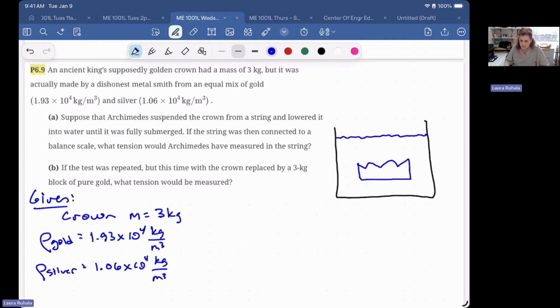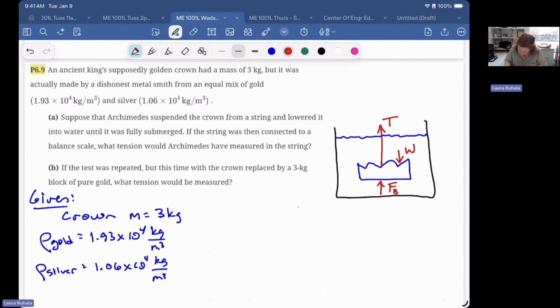Not an artist. Okay, so you have a tension force on the crown. And of course, you have the weight of the crown going down. I would put that at the center. And then you have a buoyancy force of the water kind of holding it up.